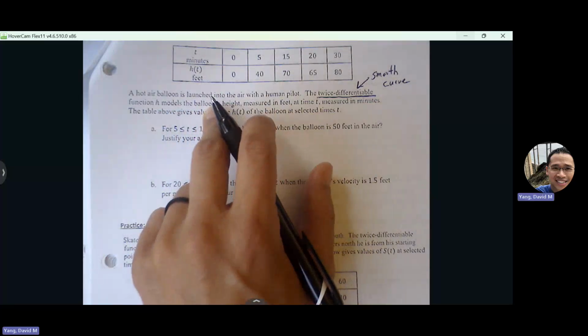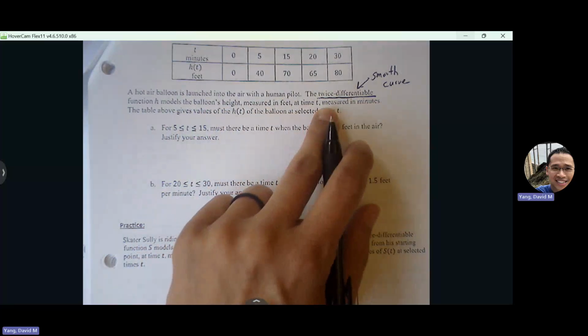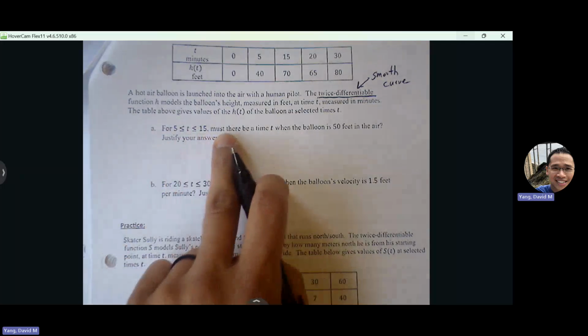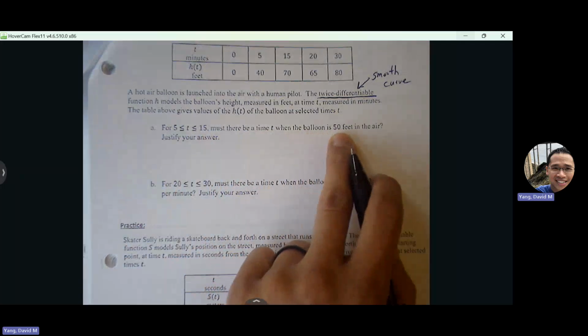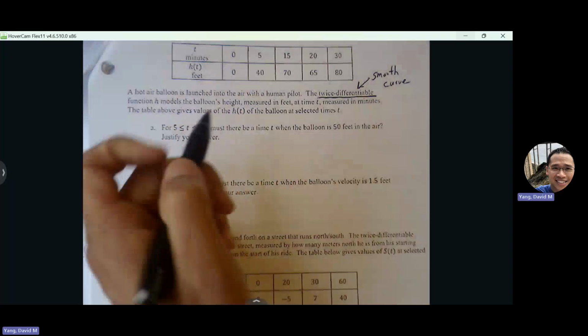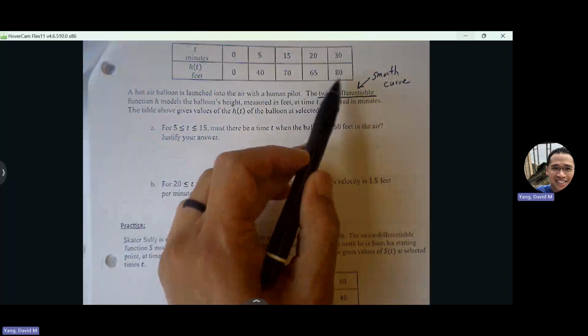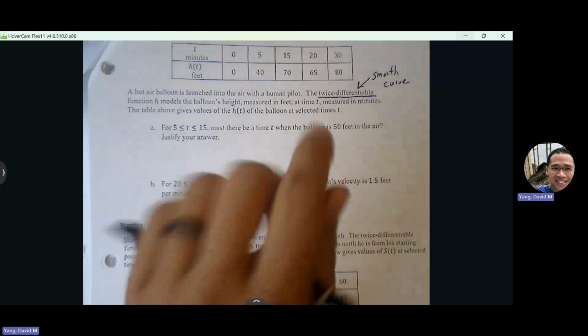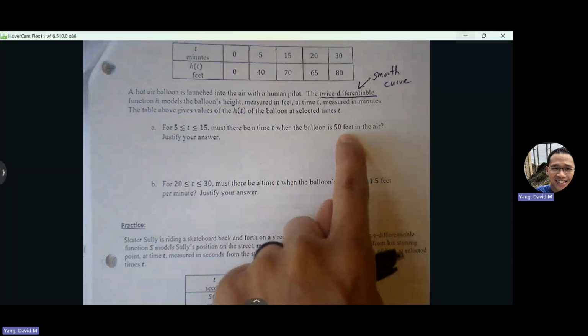We have the balloon's height in feet, and t is measured in minutes. And it says between 5 and 10, must there be a time when the balloon is 50 feet in the air? So we have information about the height of the balloon. So this one is easy to spot, right?